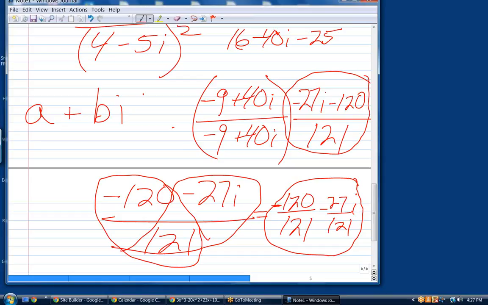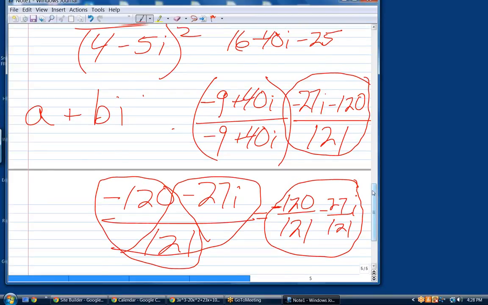What I'm confused on is with that 4 minus 5i squared up top, how come you don't FOIL the negative 9 plus 40i times negative 9, or can you scroll up real quick?